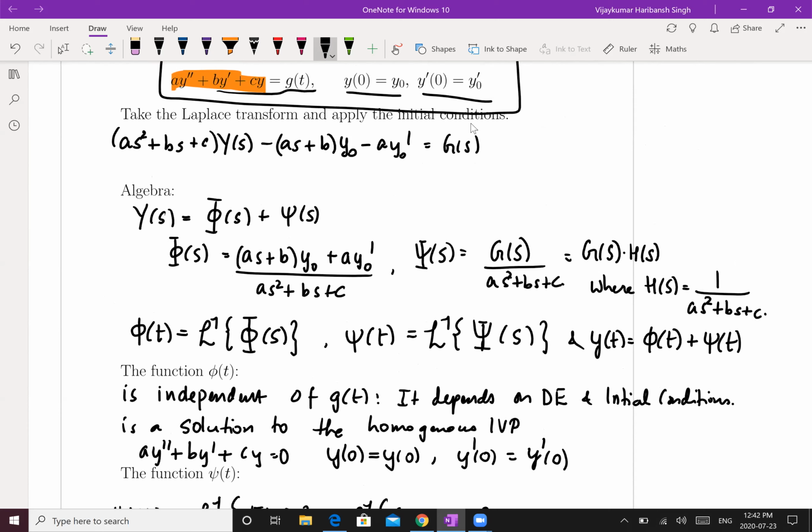What is your phi of s? The numerator has initial conditions in it, right? So if y0 is 0 and y prime 0 is 0, then the whole thing becomes 0.